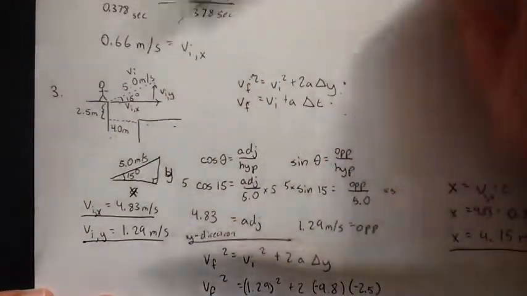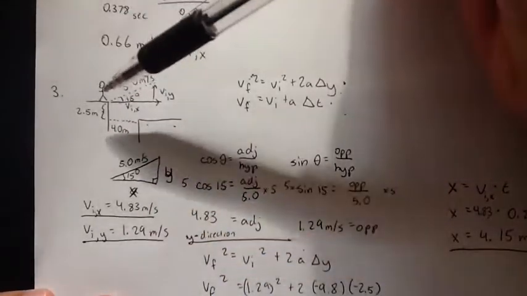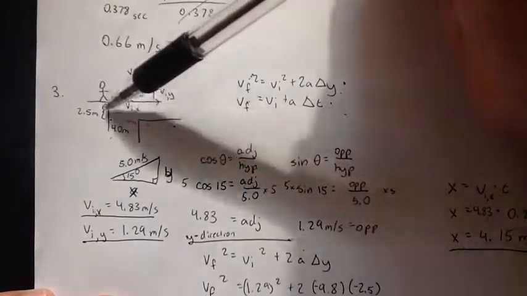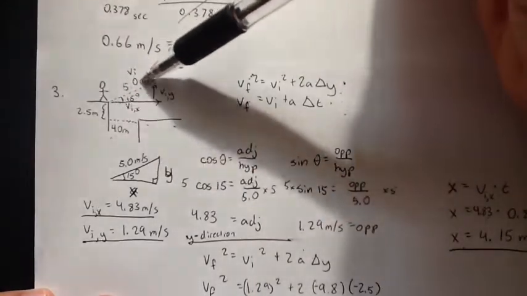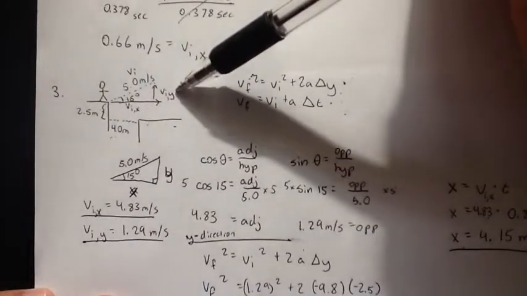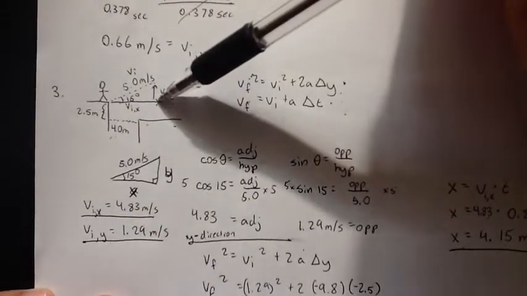So recap, whenever you're doing these types of equations, you always break it up into components if you're starting at an angle. You have your initial velocity, you use cosine and sine theta to find what the components are. First, you take the initial velocity in the y direction.